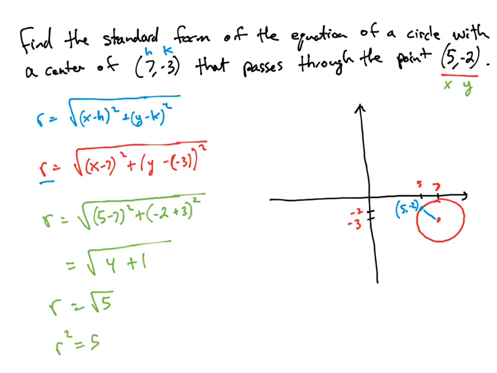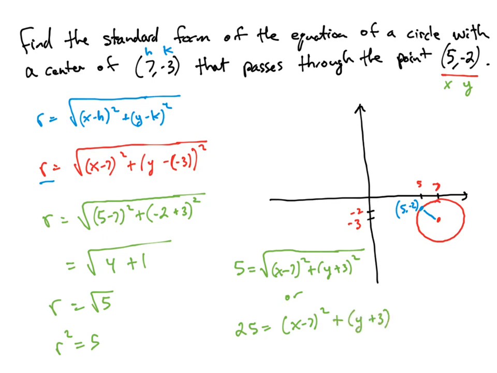So we could write this equation as 5 is equal to x minus 7 squared plus y minus negative 3, so y plus 3, squared. That's one way we can do it. Or if we use the other version, we could say 25 is equal to x minus 7 squared plus y plus 3 squared.